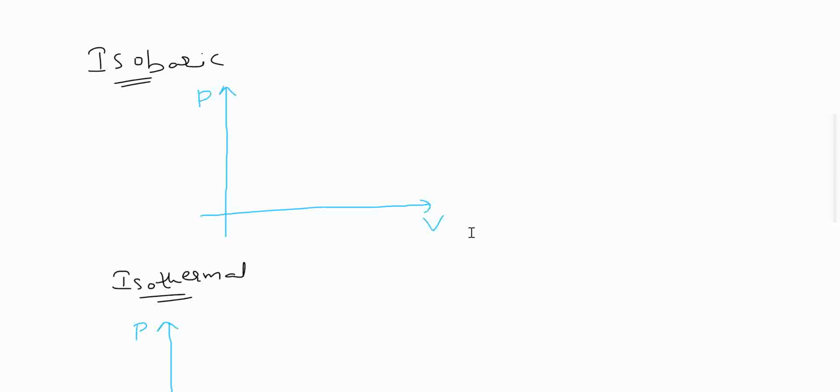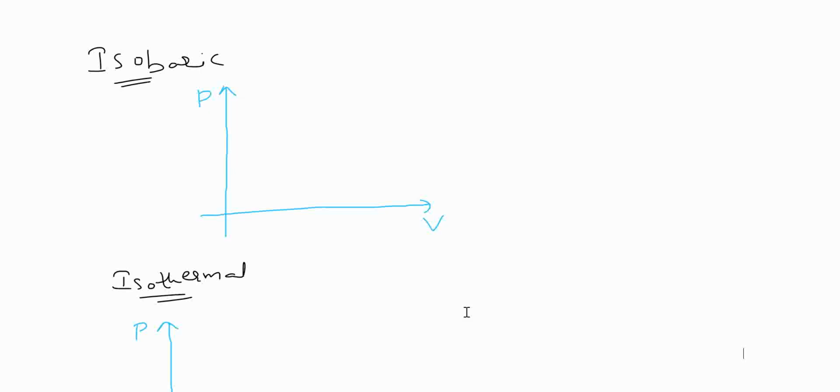Next, let us look at the isobaric process. This is a constant pressure process. In this case, the pressure will be constant during this path.